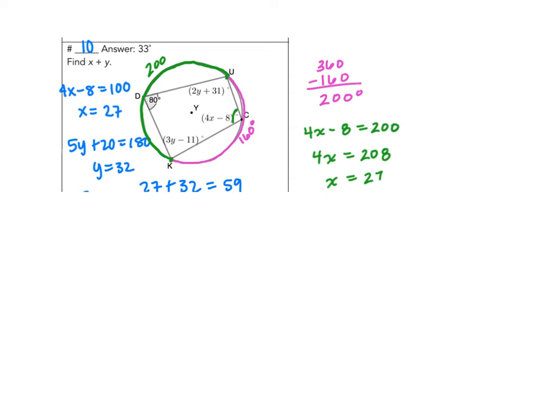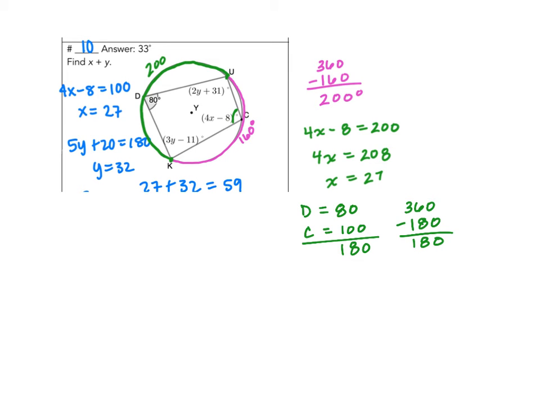Well, we know that D is 80, and we just found out that C is 100, right? And so those two add to 180. And if we do 360 for the total minus 180, because remember, a quadrilateral inscribed has to add to 360, we get 180 again.